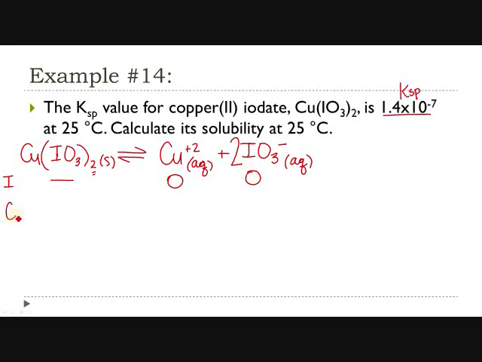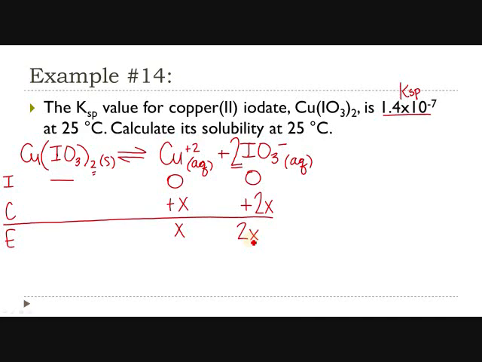So then for the change, we're going to add x to both of them, but for the iodate's purposes, that has that 2, so it has to be adding 2x, actually. So then at equilibrium, x for copper ion, and 2x is the concentration of the iodate ion.